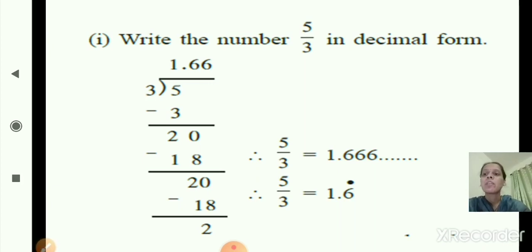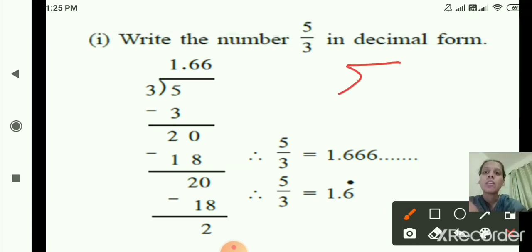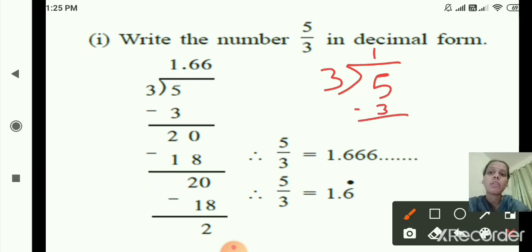So 5 divided by 3, we'll do the division. 5 here, 3 here. 3 ones are 3, right? Now here it is 2, which is not divisible by 3, so you will write a decimal point and add 0. Now you can divide this 20 by 3. 3 6s are 18.